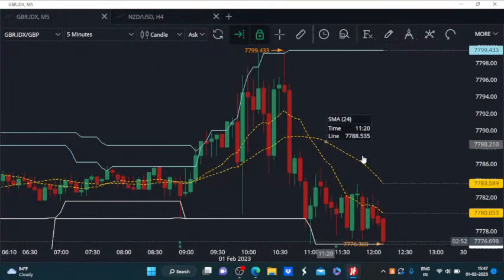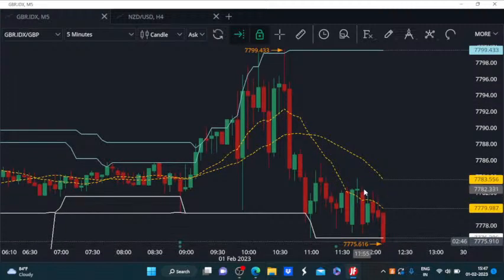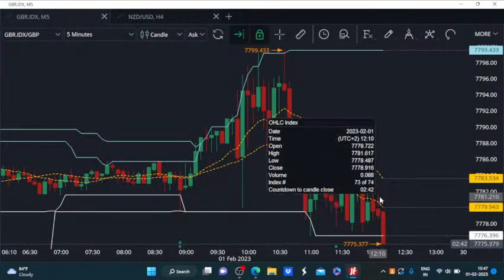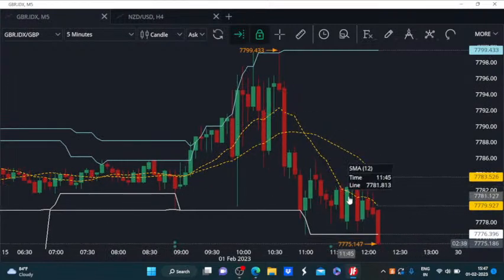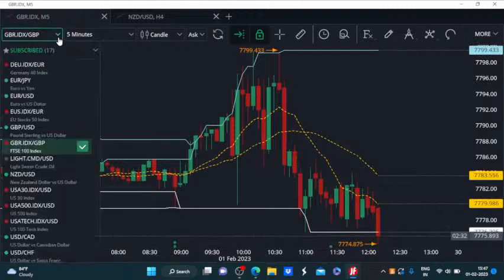So watch out for the FTSE 100 and its possible move further on the lower side. So that possibility is there. Even now it is jumping on the lower side, and I expect this decline to extend further in coming hours. So this possibility of short selling the FTSE 100 is also presenting itself to us.